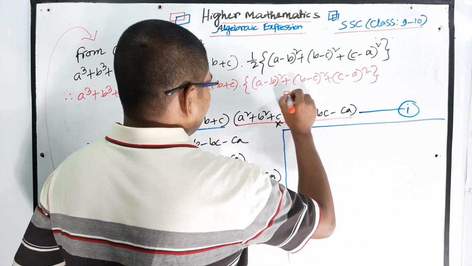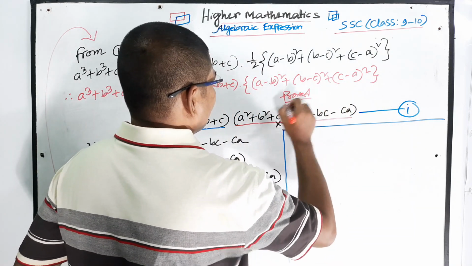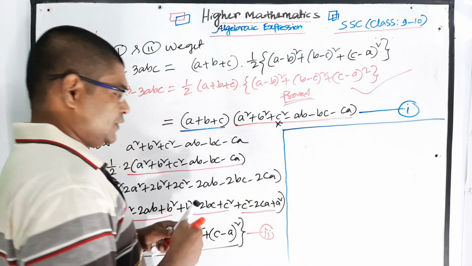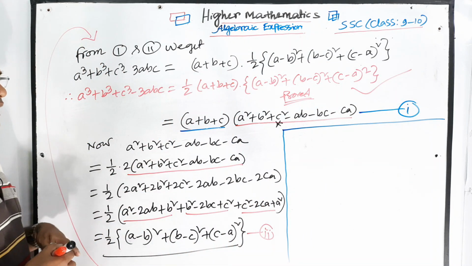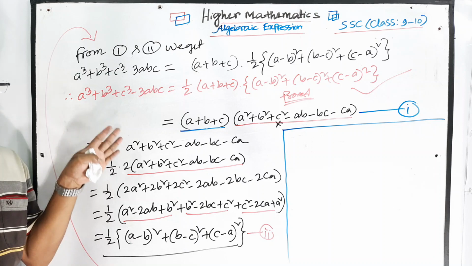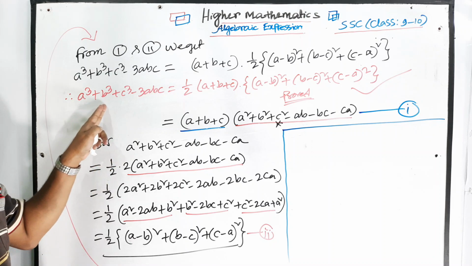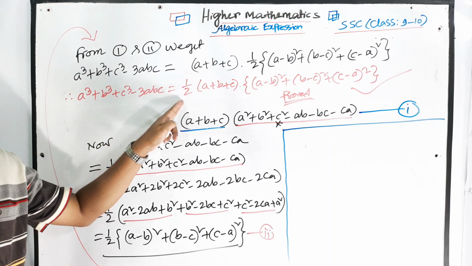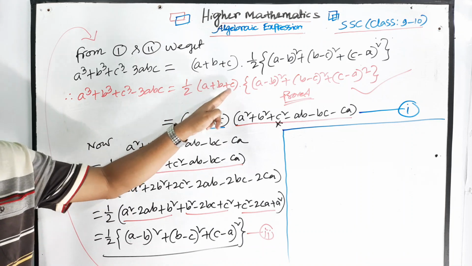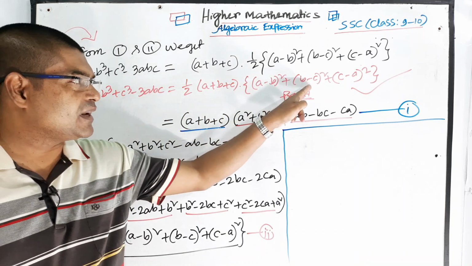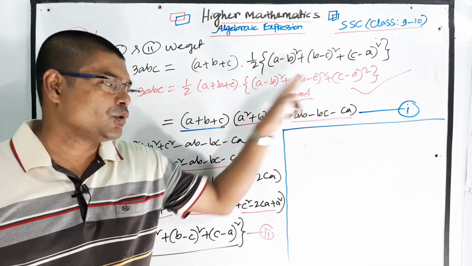You have to write proved. So we have got the corollary a cube plus b cube plus c cube minus 3abc equal to half into (a plus b plus c) times (a minus b) whole square plus (b minus c) whole square plus (c minus a) whole square.